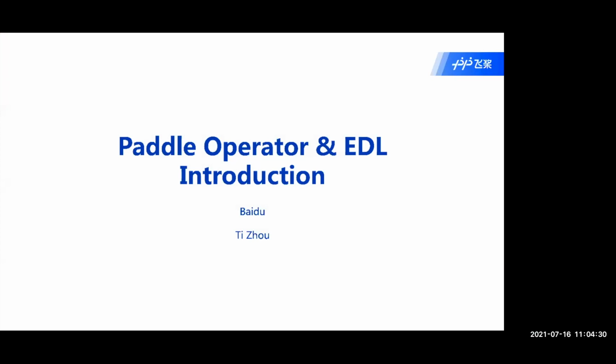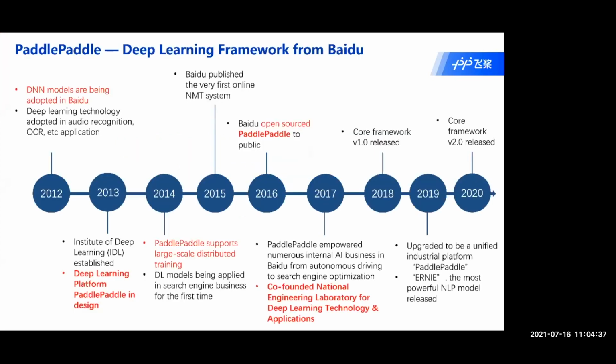For those people who are not familiar with Paddle, let me give a brief introduction of the Paddle deep learning framework. In 2012, Baidu already started using DNN models and deep learning technologies adopted in audio recognition, OCR, etc. And in 2013, an Institute of Deep Learning got established, and the deep learning platform Paddle was designed.